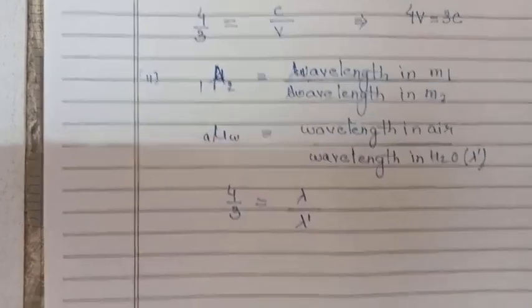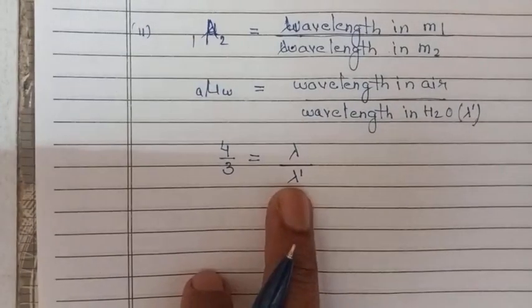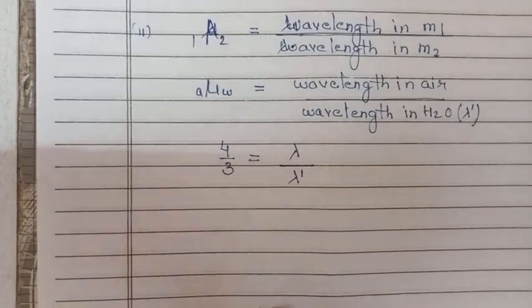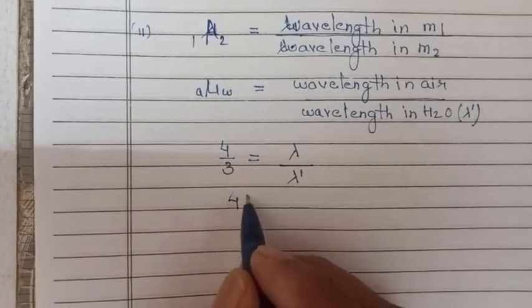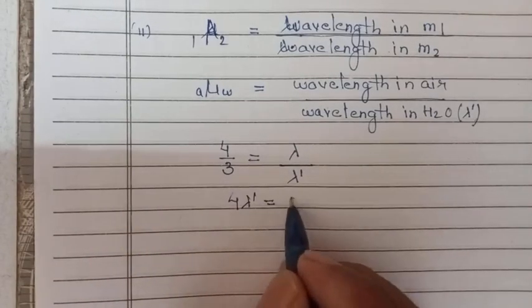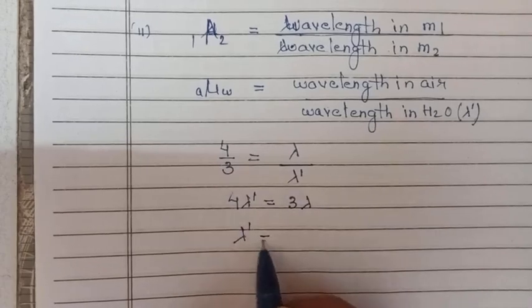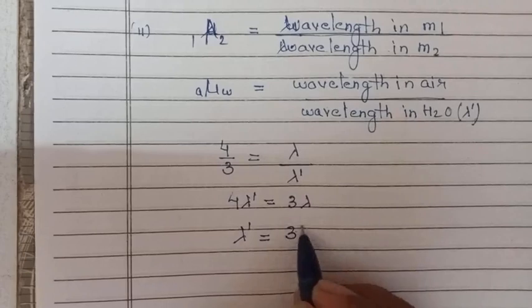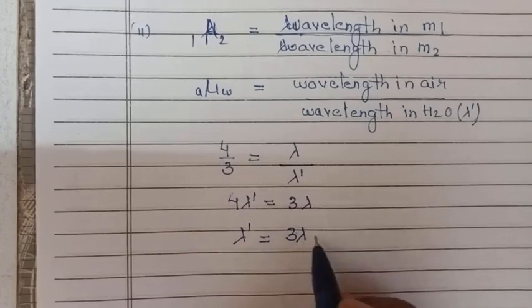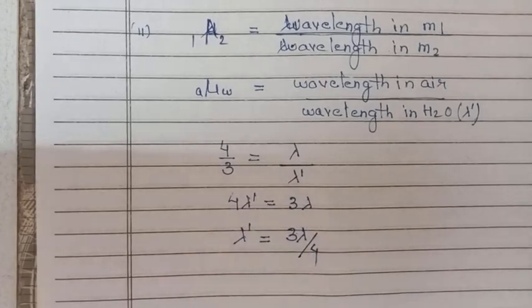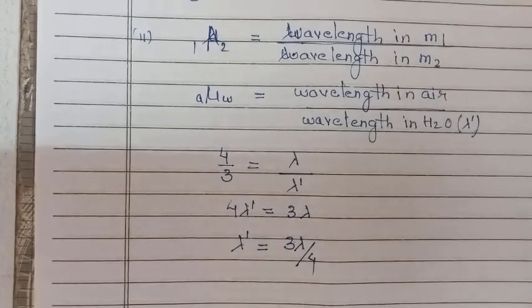Now the question says you have to find wavelength in water. So if I cross multiply, the wavelength in water will be equal to 3 times the wavelength in air upon 4. This will be your answer. Hope the first part is clear to you.